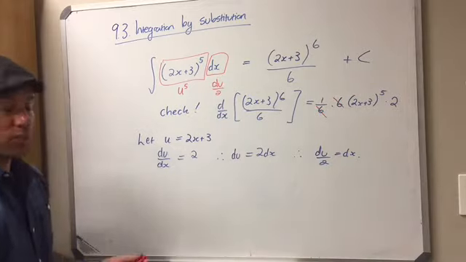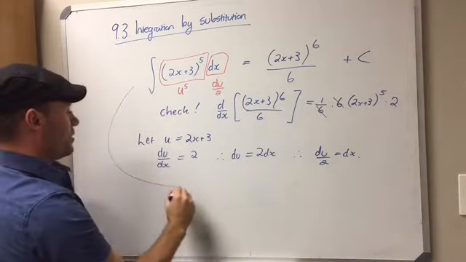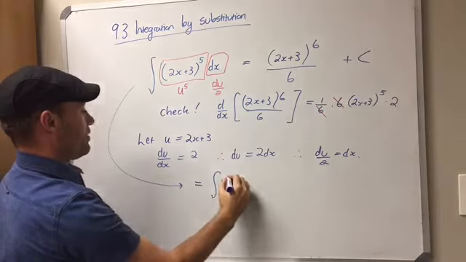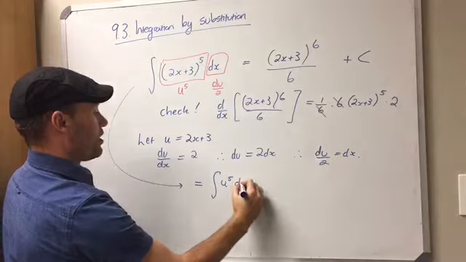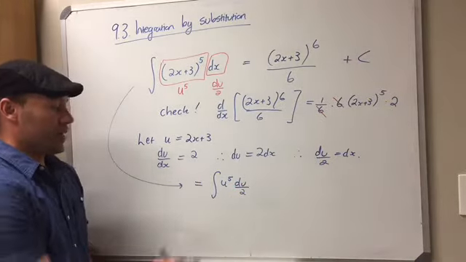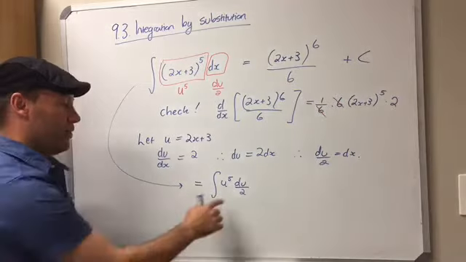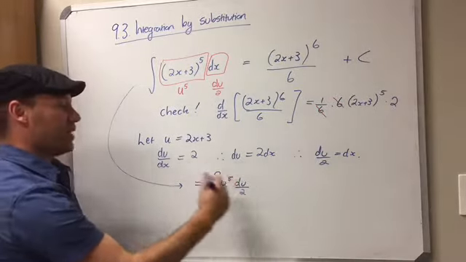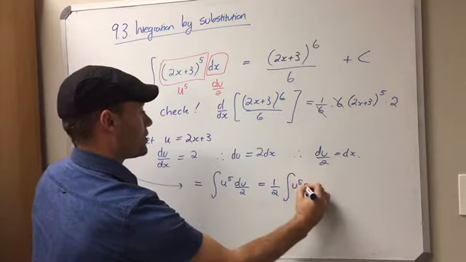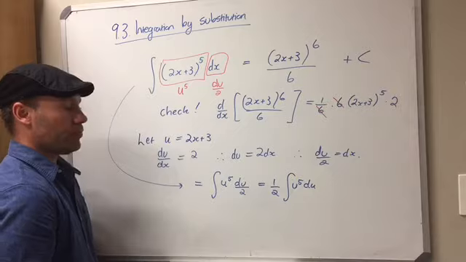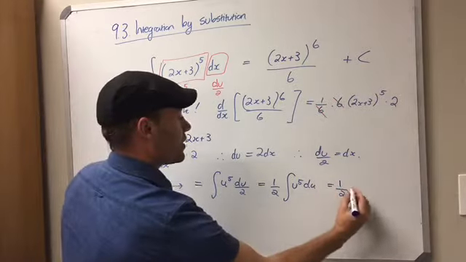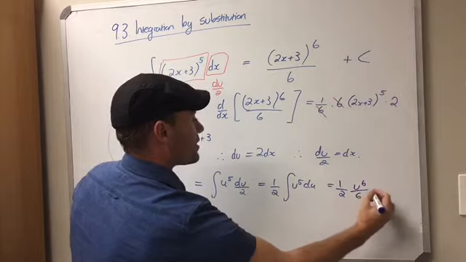Okay, so my original integral can be written as the integral of u to the power 5 times du over 2. Now this is a much easier integral. First of all, this 1/2 is just a constant, so it comes out of the integral. Integrating a power is easy. It's u to the power 6 over 6 plus c.